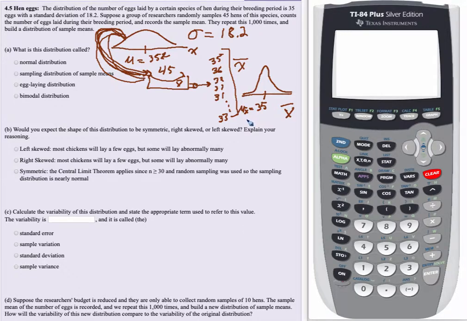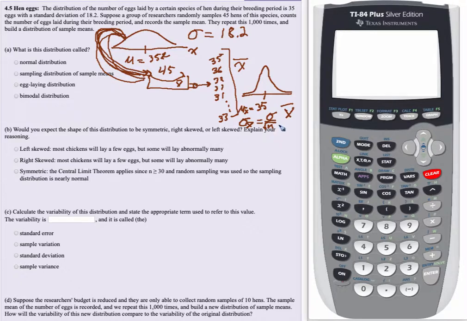Now, the mathematics behind how to calculate the standard error is a bit beyond this course, but the standard error of the mean, given by sigma sub X bar, is equal to the population standard deviation divided by the square root of n. That's the standard error formula we've been working on.